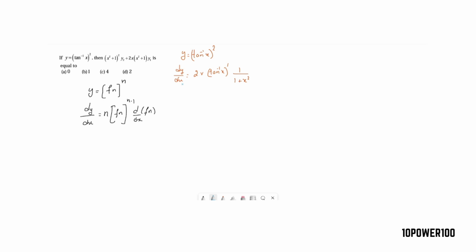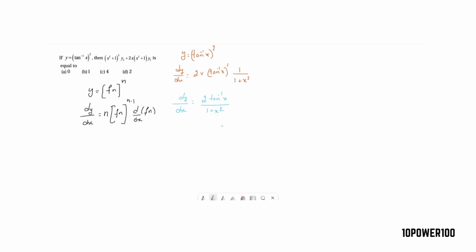Whenever you are doing double differentiation, please keep this in mind. Anything that you get in the denominator, you have to send it to the left hand side. So here I have got 1 plus x square. I'll rewrite this. So dy by dx is equal to 2 tan inverse x divided by 1 plus x square. As I told you earlier, we have got something in the denominator.